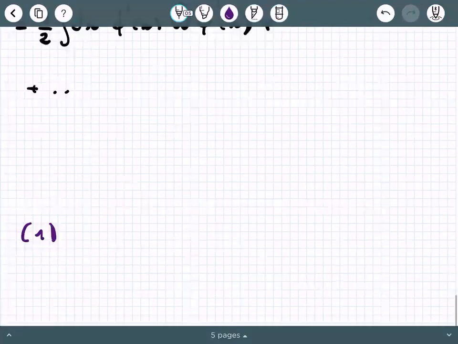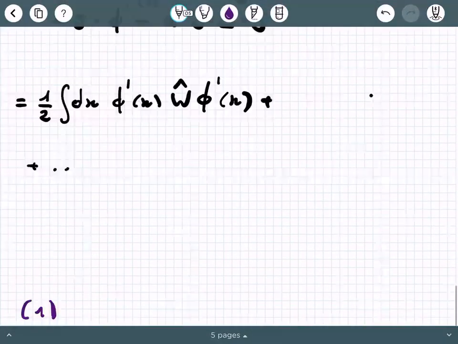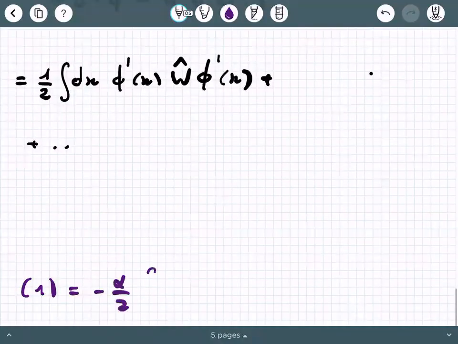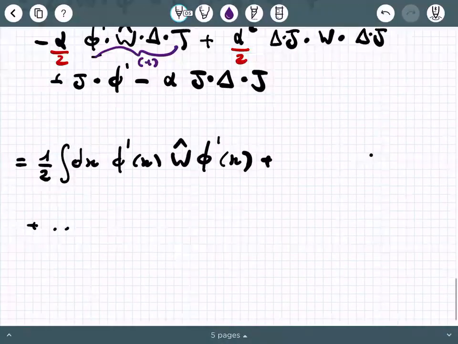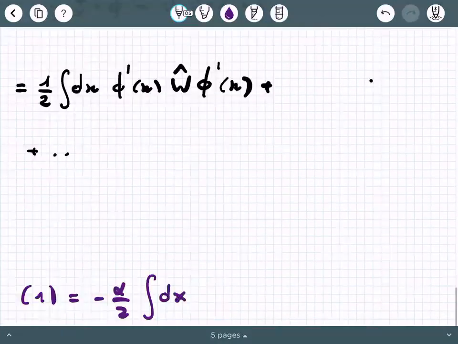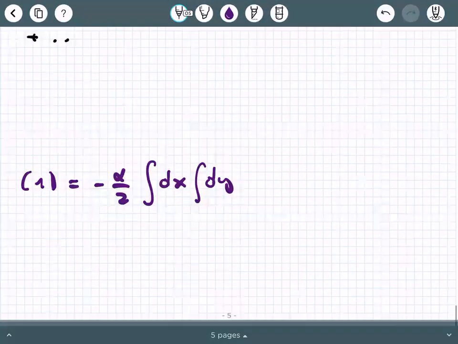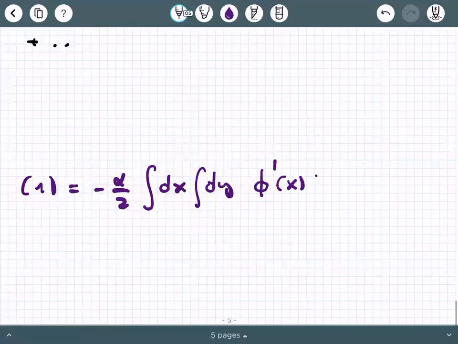1 is equal to negative half divided by 2. And then I have 2 integrals because I have correlation functions. I have an integral in dx and an integral in dy because I have a propagator. So this will be phi prime of x W, and then I will have delta of x minus y, J of y, right?